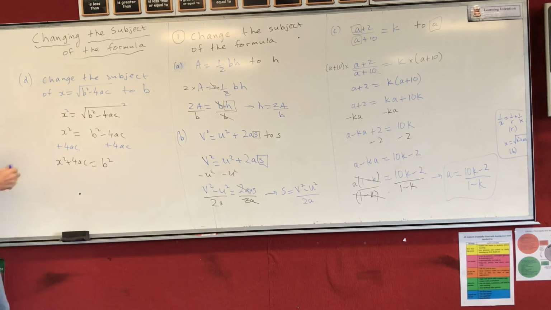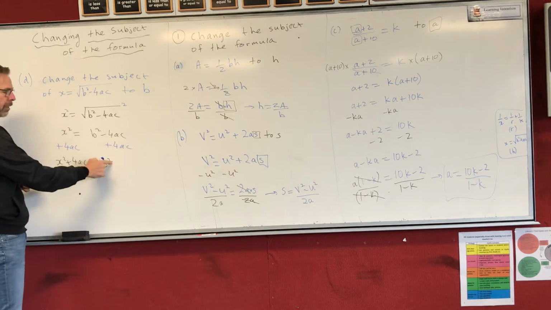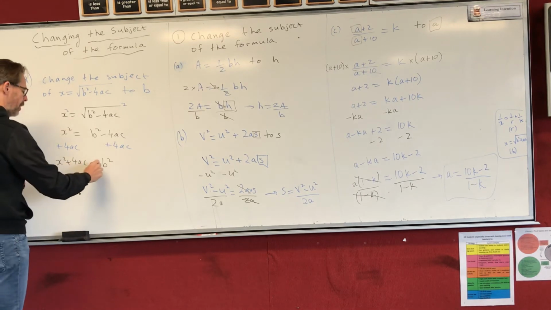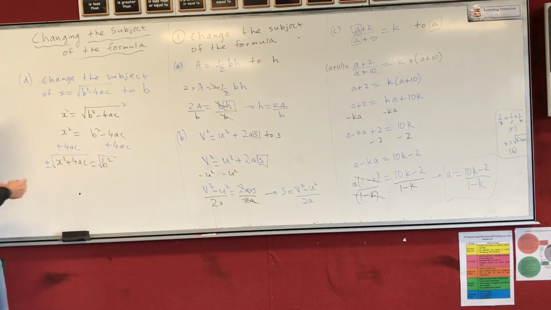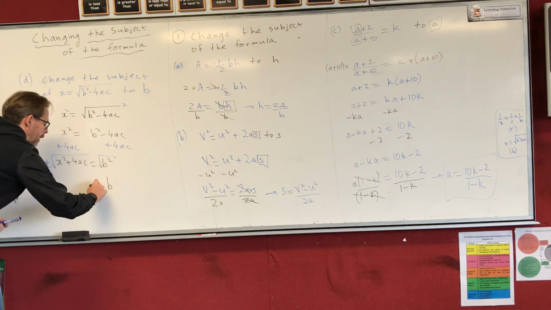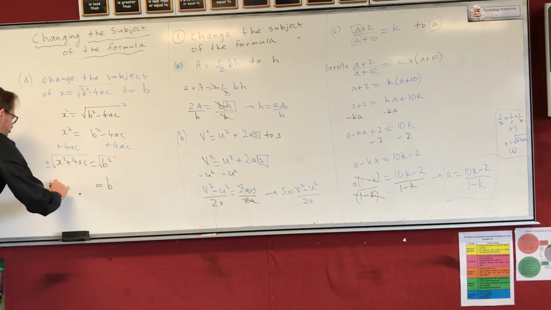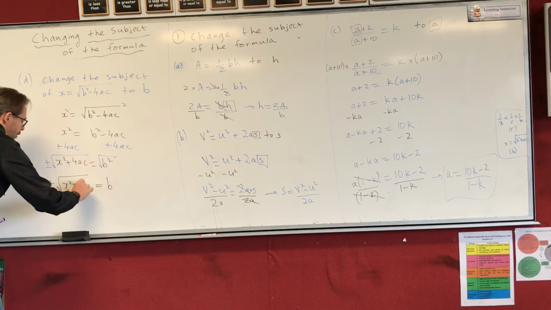And then to get rid of the power of 2, we've got a square root. Now when you do the square root, you're going to have to put plus or minus. Okay, so when you take the square root of an equation, you put plus or minus on one side. So that gives me b is equal to plus or minus the square root of x squared plus 4ac.